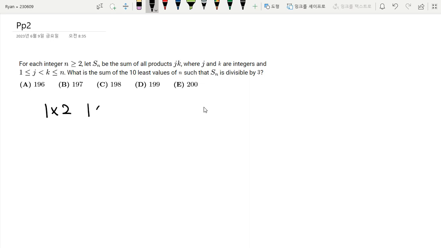And then we can increase the value of k up to when k is n. And then we can increase the value of j to number 2. So when j is 2, k starts from 3 because k should be greater than j. And then we can continue to increase the value of k up to n.